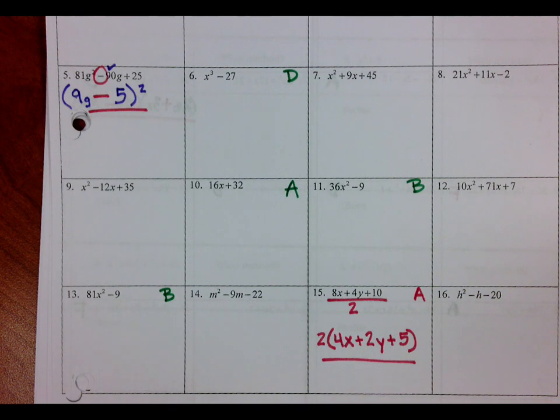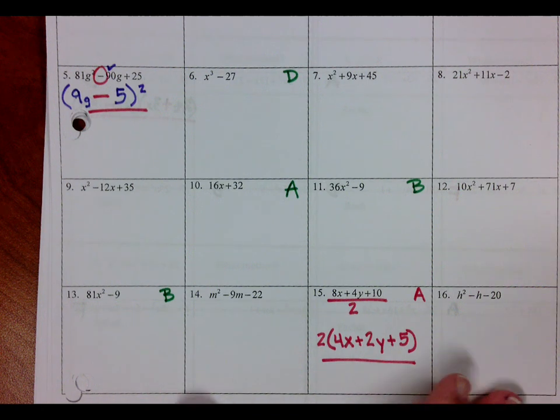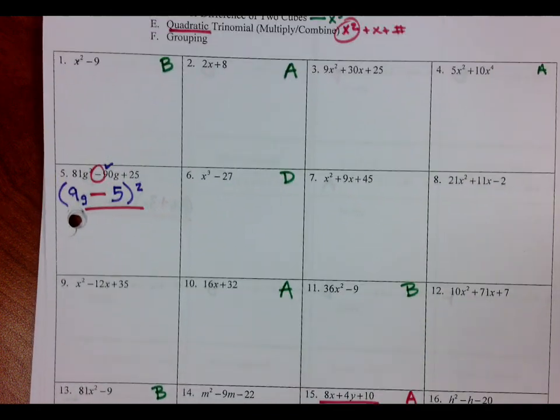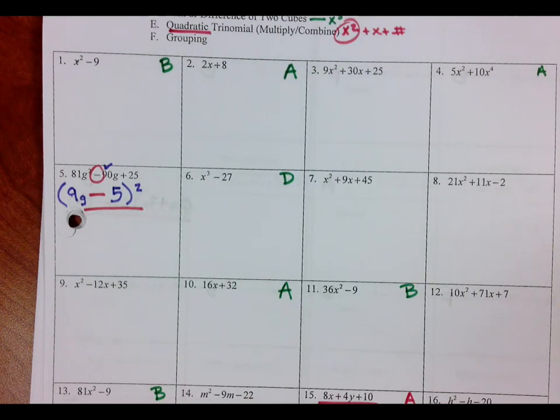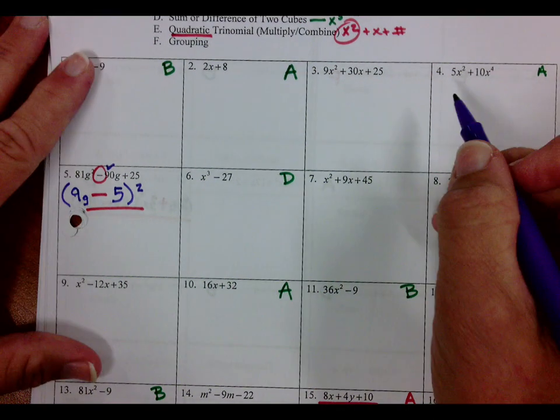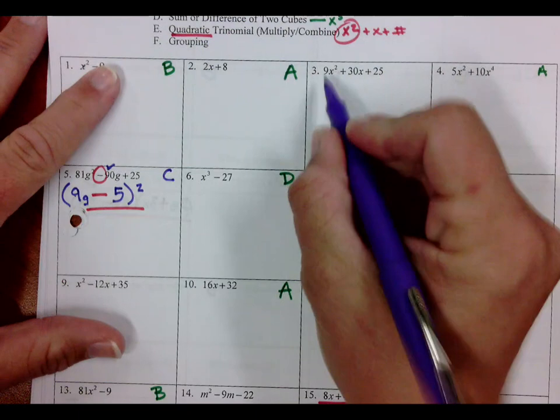Is there another one like that? What about number 3? You're looking for ones that have pretty big numbers and that are perfect squares on both ends. It's a 3-term, and it's a perfect square. So it's good to know those perfect squares off the top of your head. So 1, 4, 9, 16, 25. What's the square root of 9? Oh, this one is. Square root of 9 is 3.